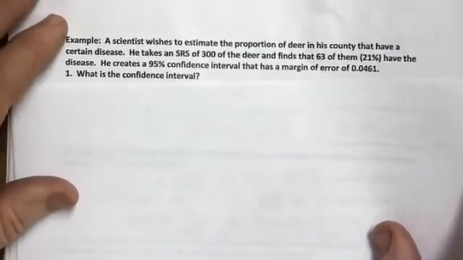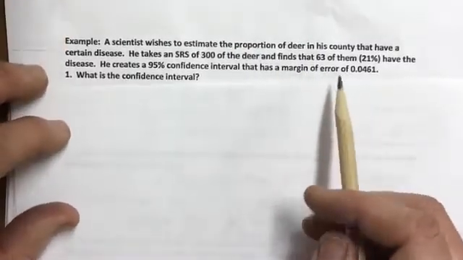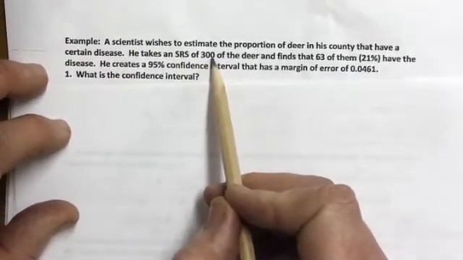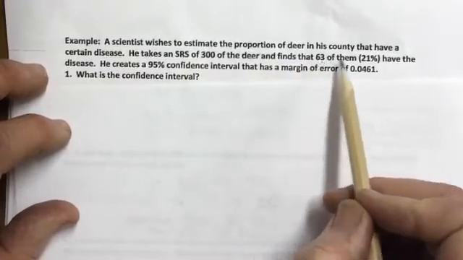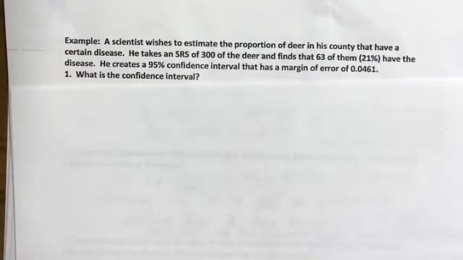So let's look at this here. A scientist wishes to estimate the proportion of deer in his county that have a certain disease. He takes a simple random sample of 300 of the deer and finds that 63 of them, which is 21%, have the disease.